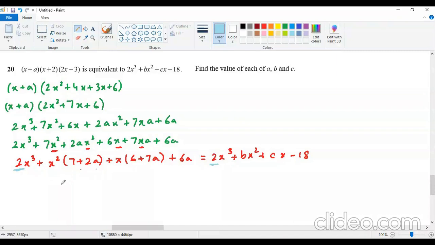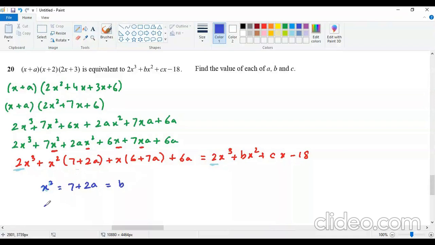Now we know very well that the x square coefficient, 7 plus 2a, is equal to b on the other side.